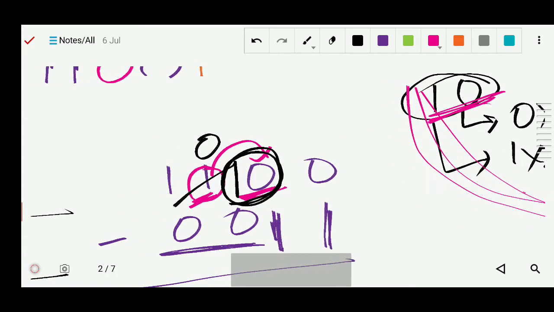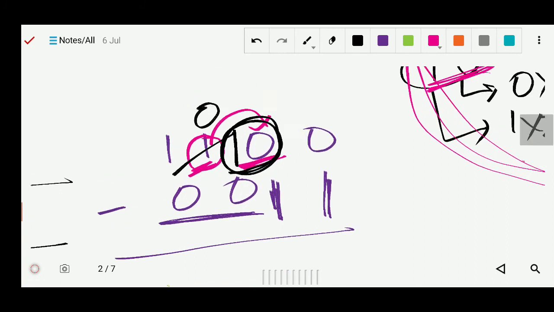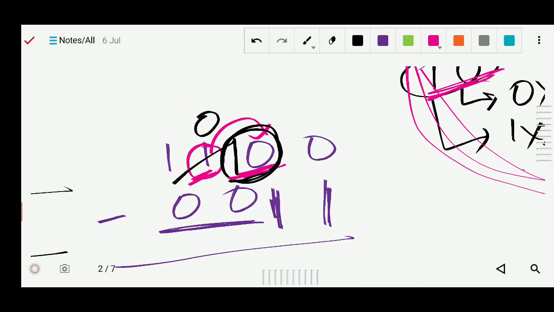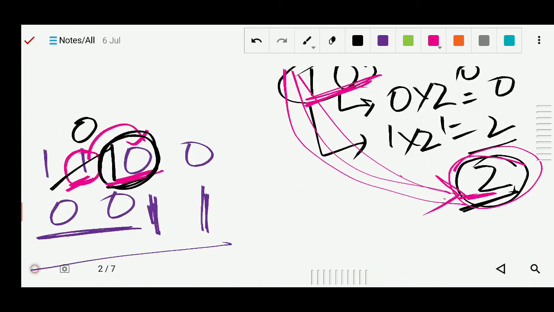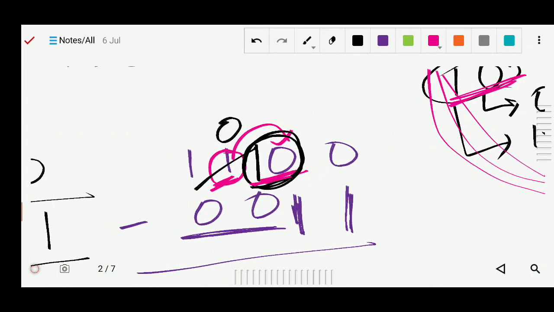This method I felt is easy, so this 10, I solved this 10 in decimal. What is the value? 2. So I just took this 10 whole as a 2. Okay, so now this 2 we give to here.